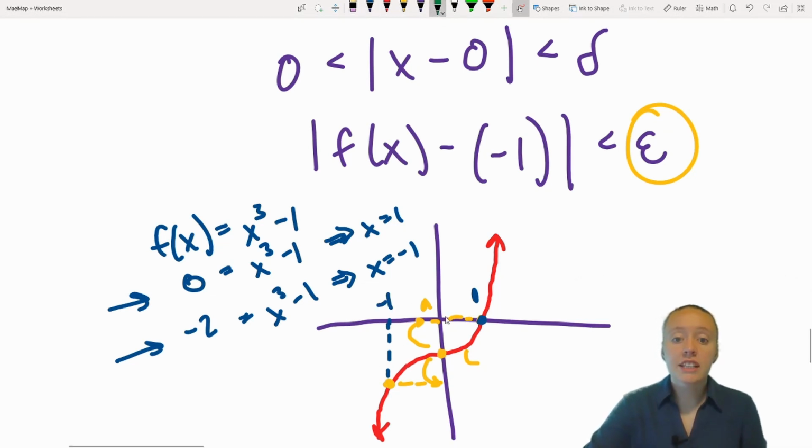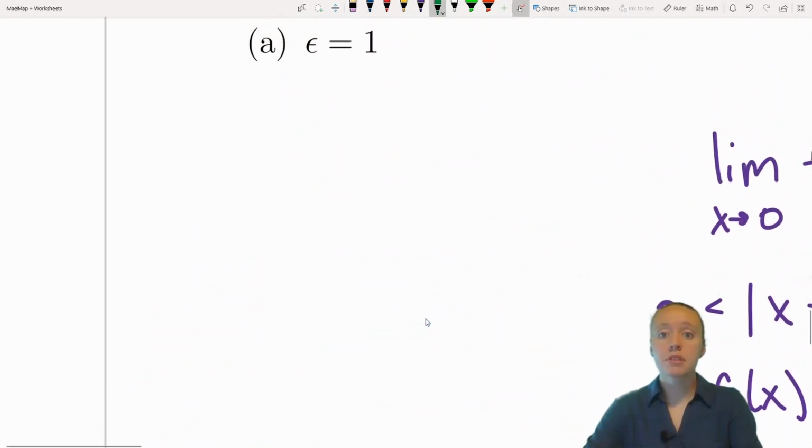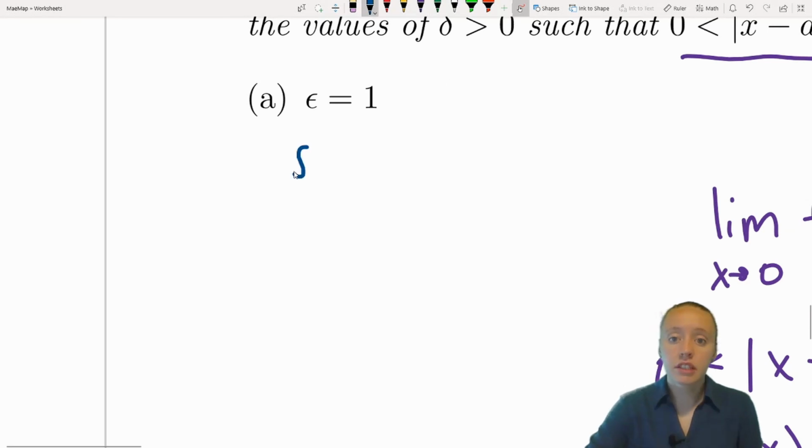Then, what's that delta value? Well, if my A is 0, I have a distance of 1 to get to +1 and a distance of 1 to get to -1. So that delta value associated is 1. So when epsilon equals 1, delta is equal to 1.